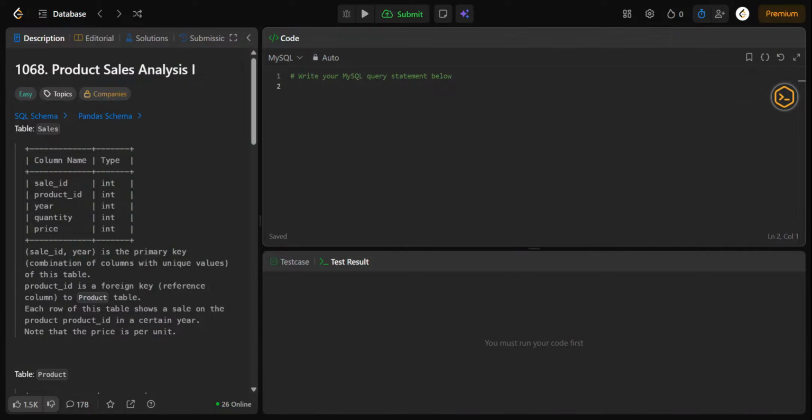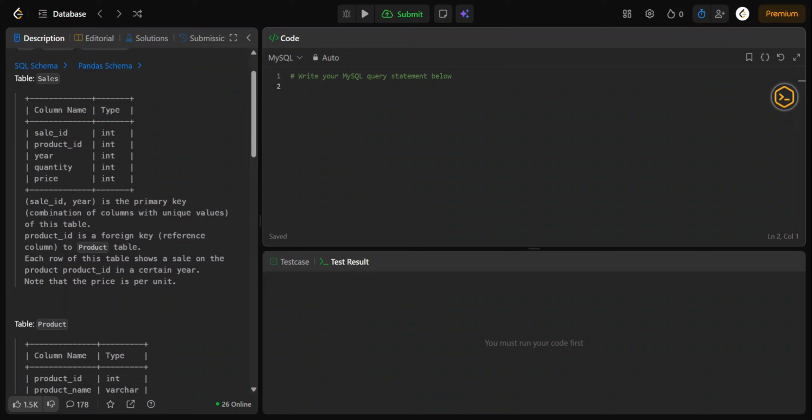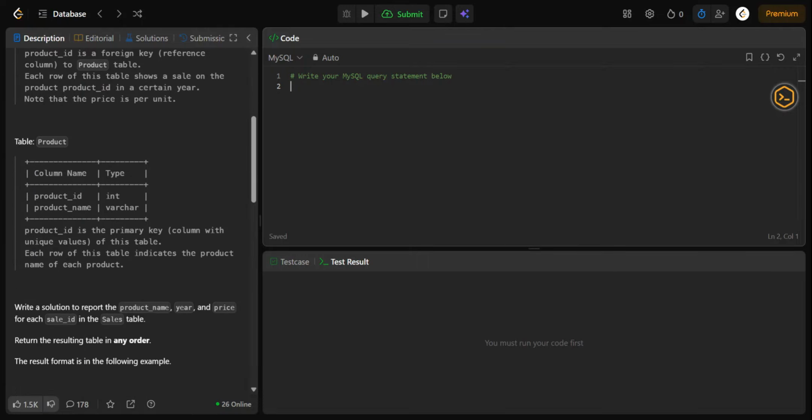Got it? So we have two tables. The sales table stores the product ID, year, quantity, and price. And the product table stores the product name and the corresponding product ID.